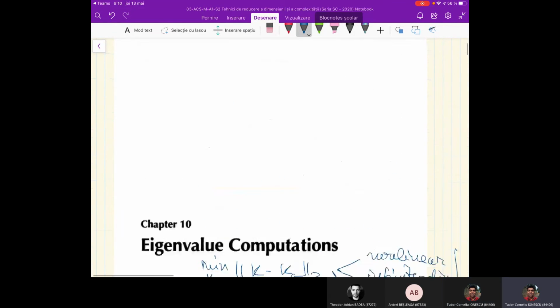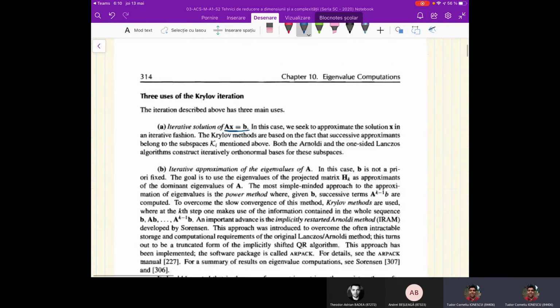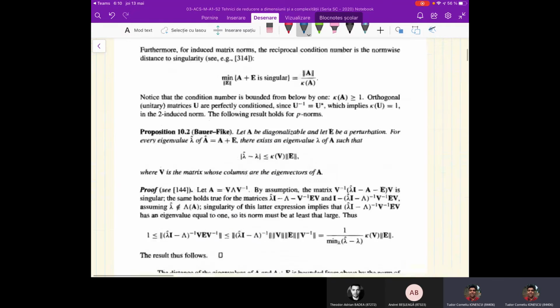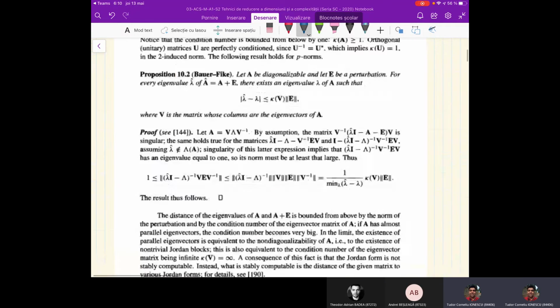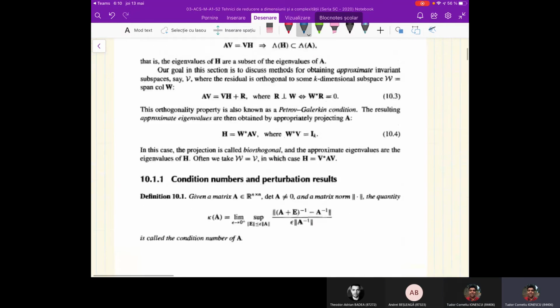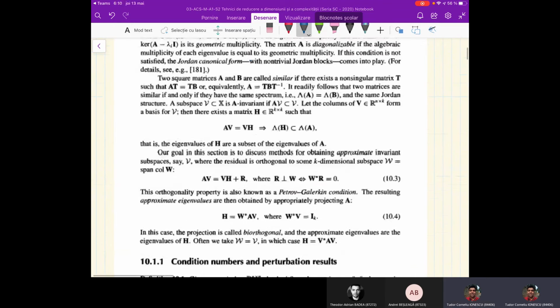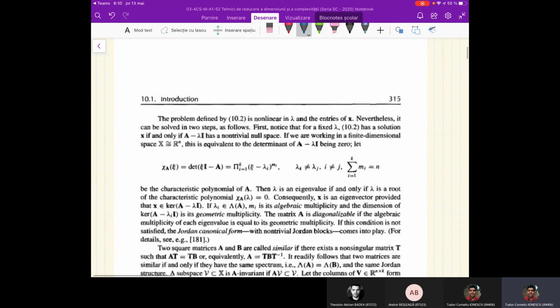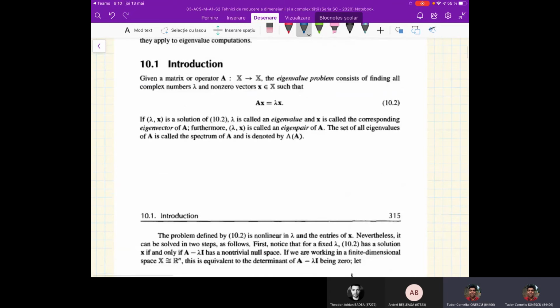So this is a chapter about eigenvalue computation, which is quite relevant. Let's see. Okay, so this is a recollection of the definition of an eigenvalue and its corresponding eigenvector.